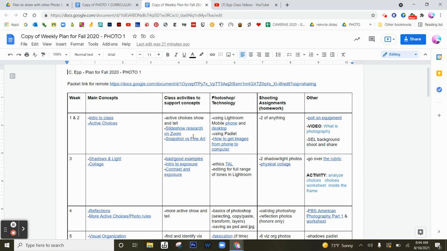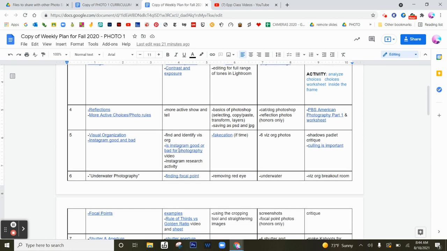They do some research with shadows and light. We talk about bad and good examples. I show them some past work. We talk about editing to enhance shadows and light in Lightroom, and then they have some time to try that out.